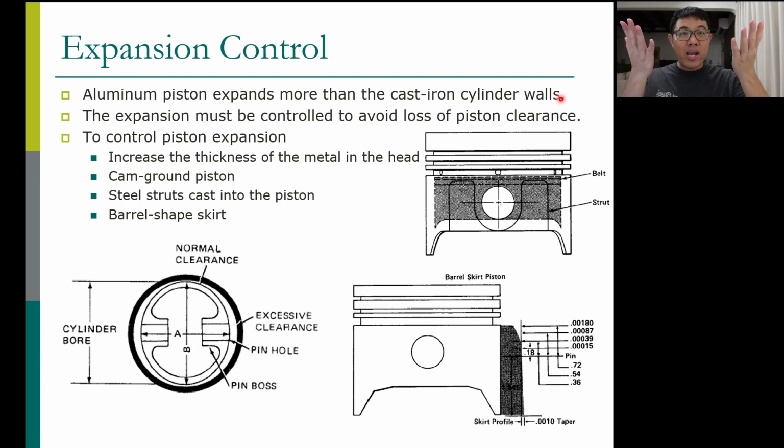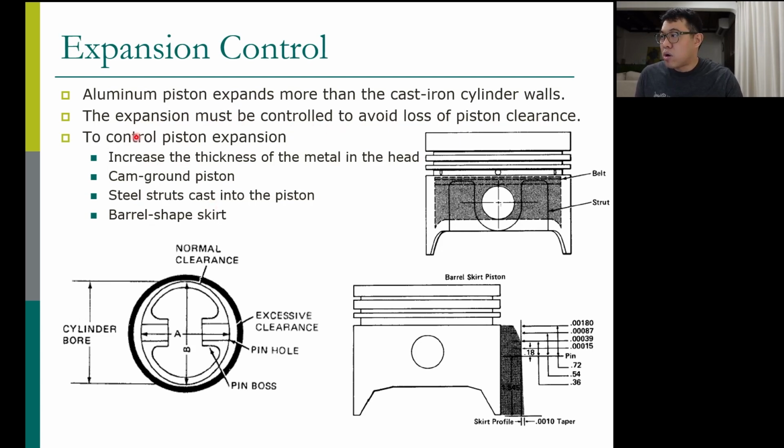When the temperature rises, the material expands, right? And aluminum expands more, which means that if it expands too much, it's going to get stuck. You're going to lose the clearance, and then it's going to get stuck inside the cylinder. So the expansion must be controlled.